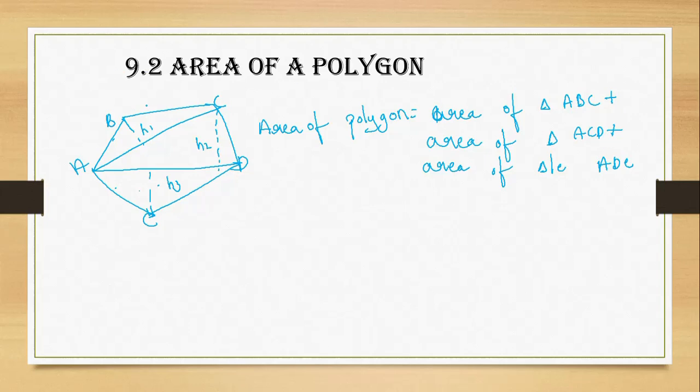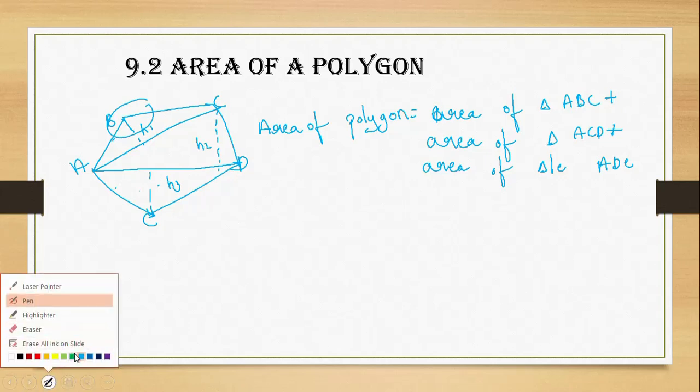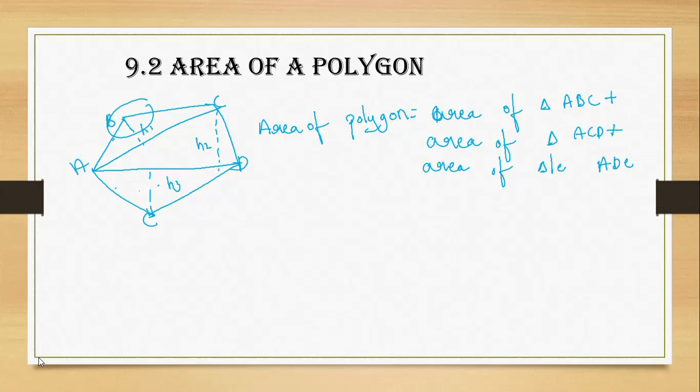If we do the sum of these 3 triangles, triangle 1, 2, 3, then we get the area of the polygon. Next, another method is there.